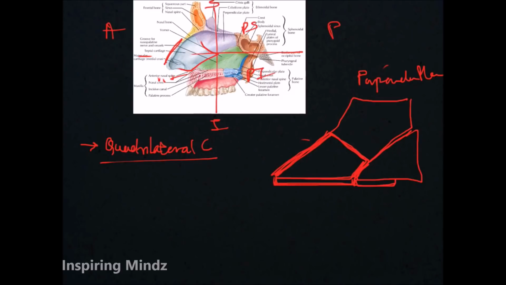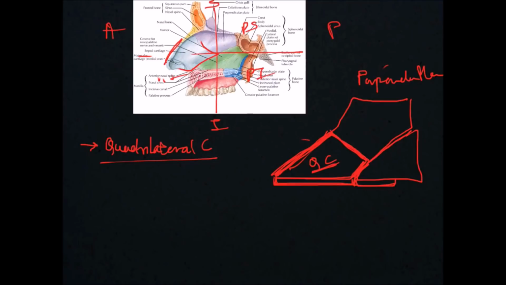So this is the framework of the medial wall, the nasal septum. The cartilaginous portion in the anterior part is formed by the quadrilateral cartilage. Its antero-superior portion supports the dorsum of the nose, and damage to this cartilage leads to saddling of the nose.